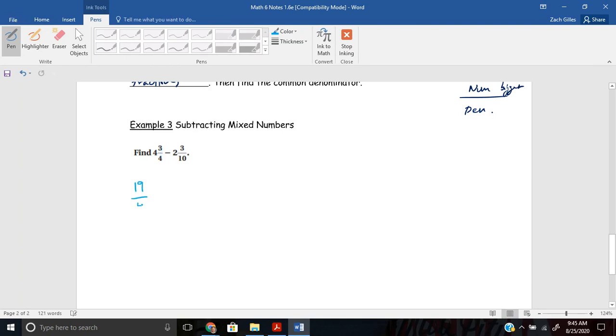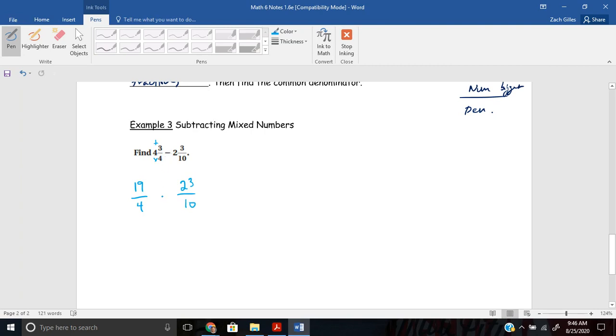And keep your same denominator, so 4, 19/4. Again, multiply your whole number times your denominator and add the numerator. All right, so multiply 2 times 10 would be 20, plus 3 would be 23. Keep my denominator of tenths.